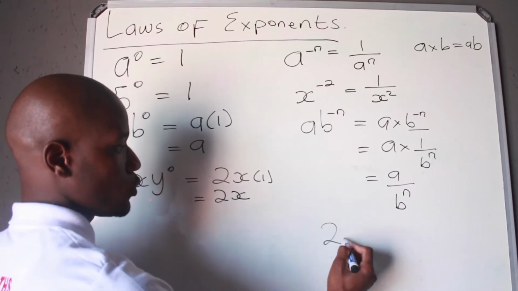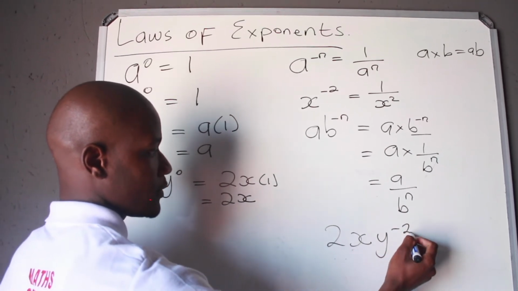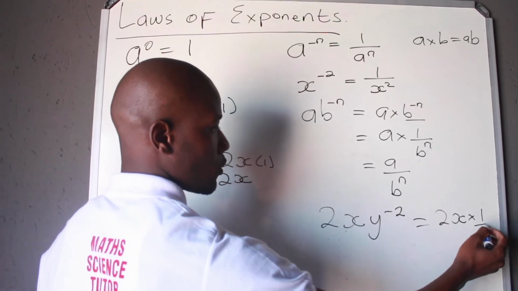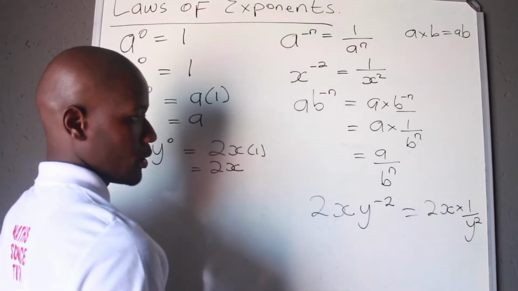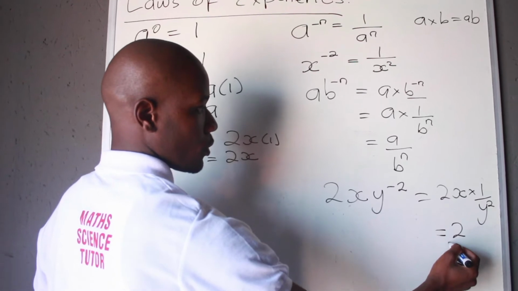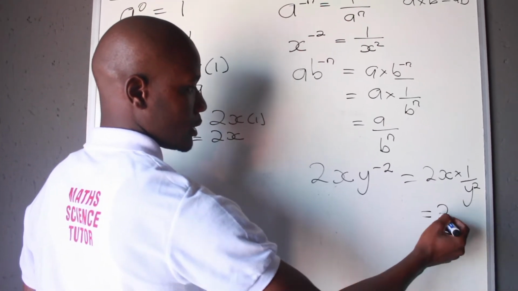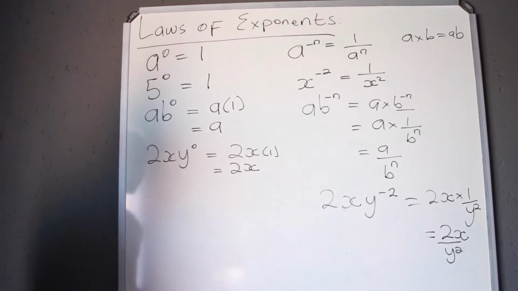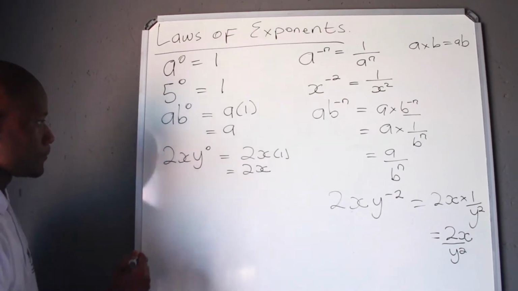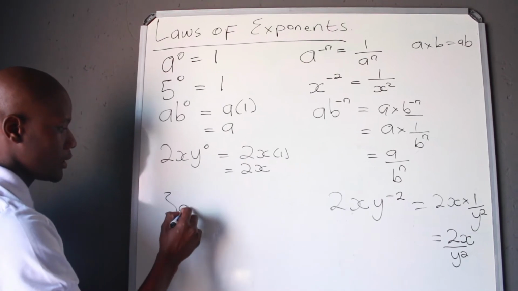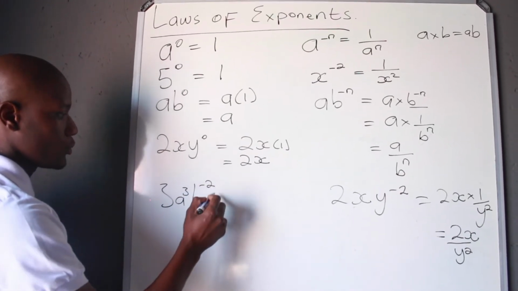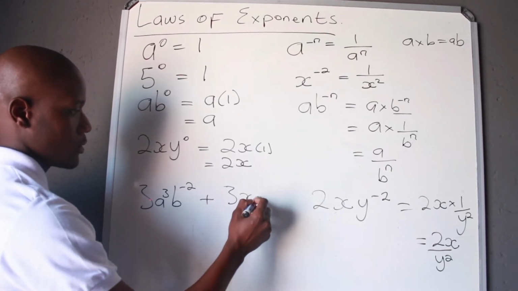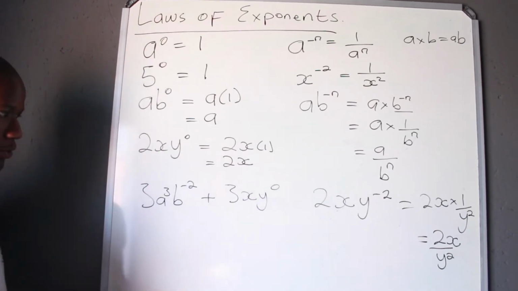So if we have 2xy to the power negative 2, it is equal to 2x times 1 over y squared, which is 2x over y squared. So you can be given 3a cubed b to the power negative 2 plus 3x y to the power of 0.